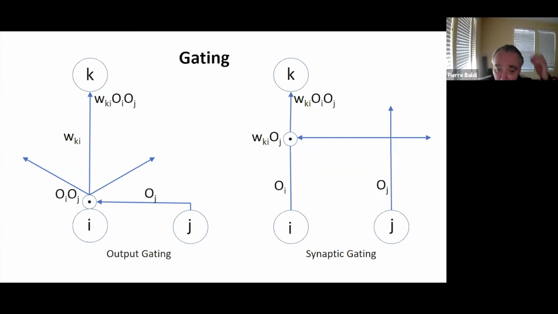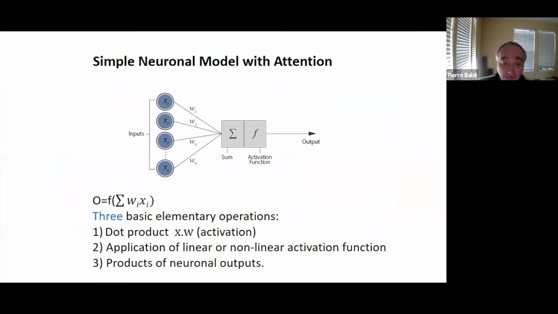It's also symmetric, although from the topology of the network, it really makes sense to say that J is gating I and not the other way around, because OI times OJ ends up being transmitted on the connections emanating from I and not from the connections emanating from J. So it's not a symmetric operation.